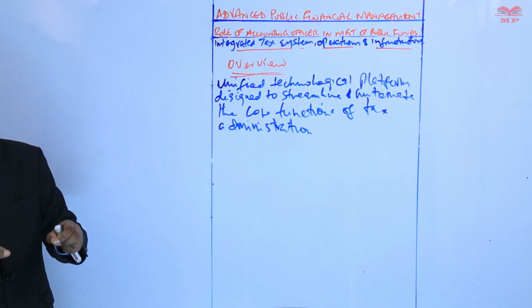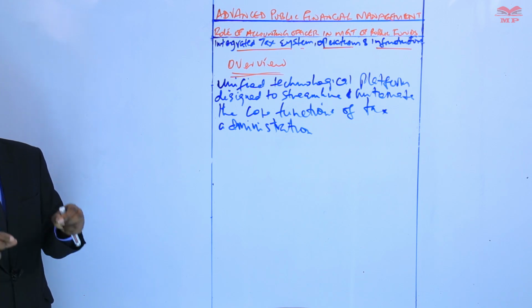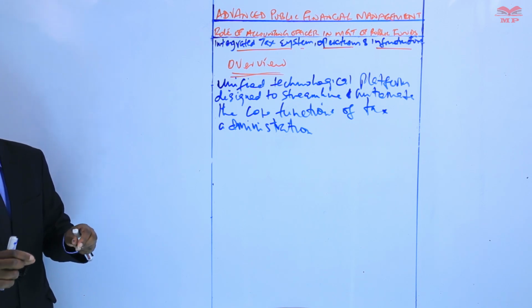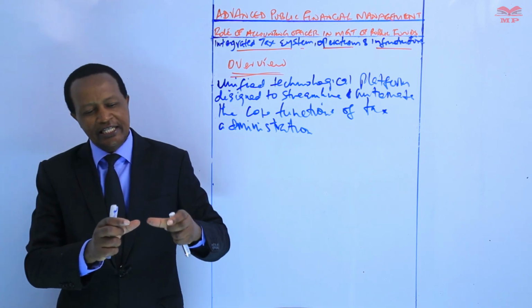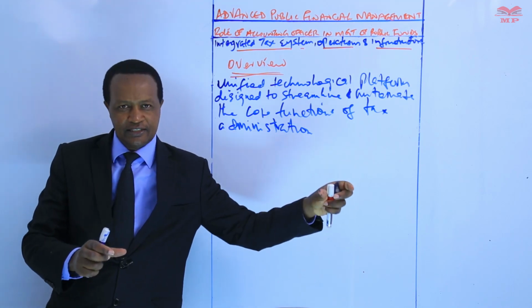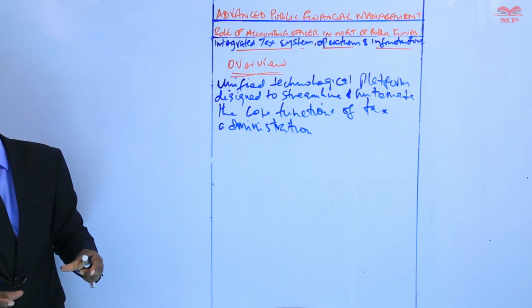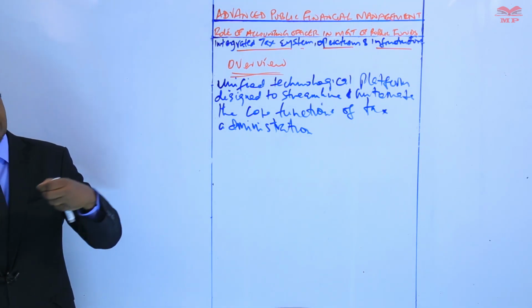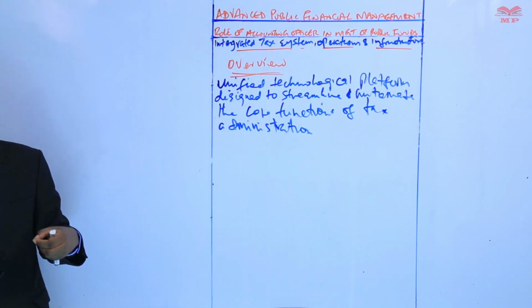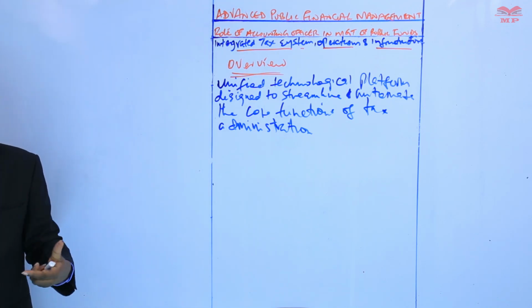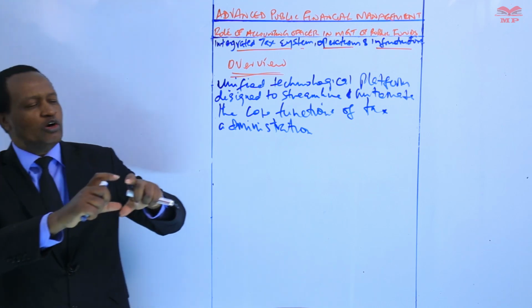So the integrated aspect means that data is shared and linked across different tax heads and functions, providing a unified taxpayer ledger and a comprehensive picture of compliance.